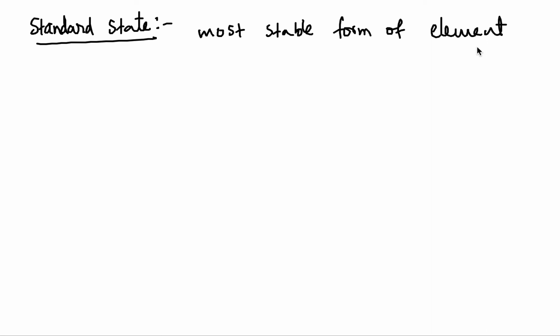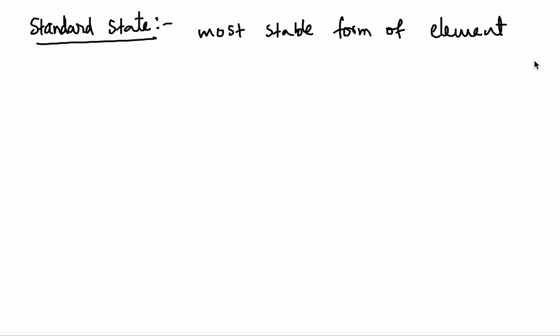For example, oxygen exists in two forms, oxygen gas and ozone gas, and the stable form is oxygen gas at 298 Kelvin and 1 atmosphere. Take carbon, which exists in several forms at 298 Kelvin and 1 atmosphere. Graphite is the most stable form, therefore that was taken as the standard state.